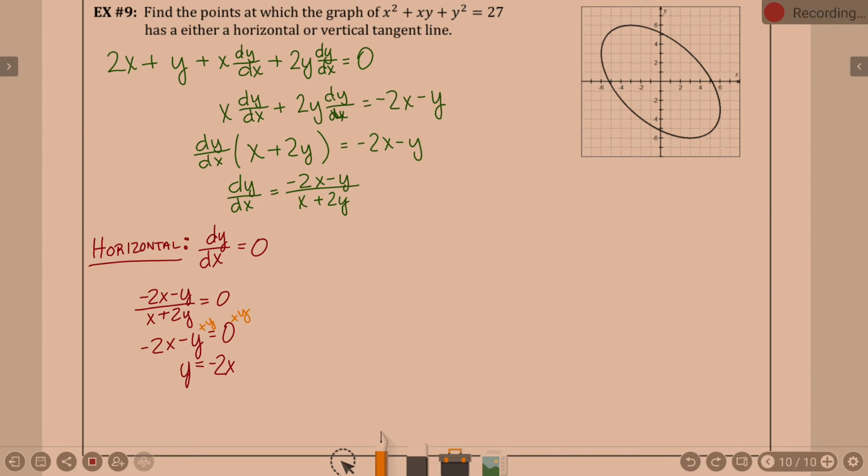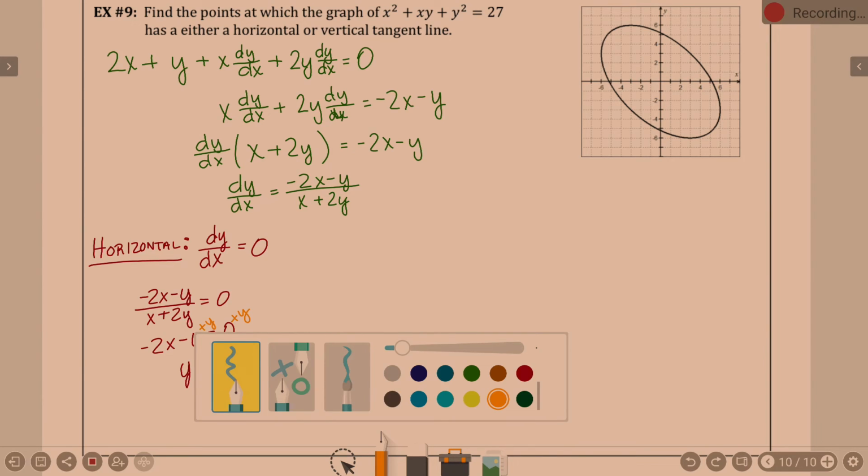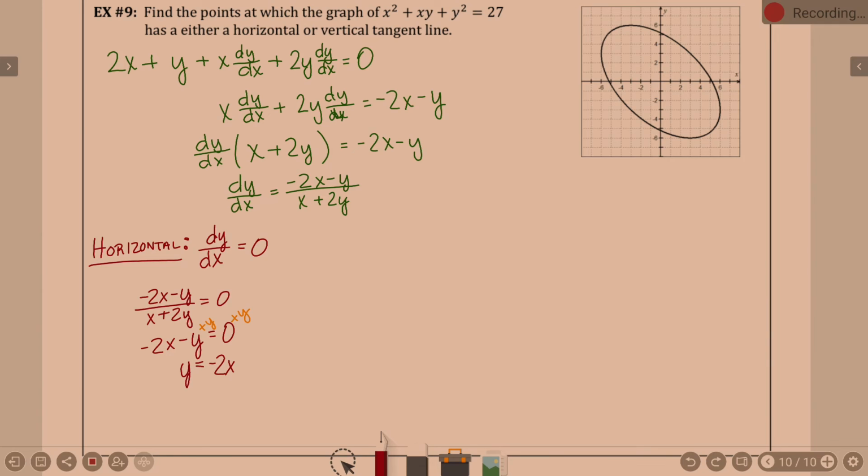Now, I am running out of room because we still have to do vertical. But here's the deal. We're looking for points, so we need x, y values. We know horizontal tangent lines happen when y equals negative 2x.